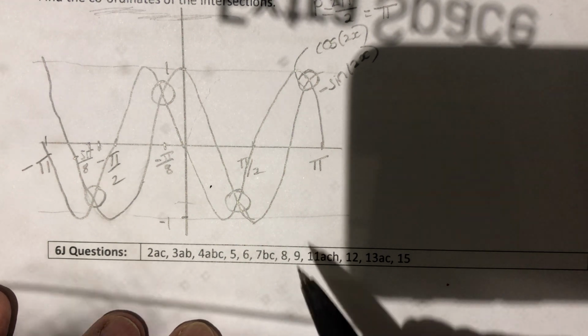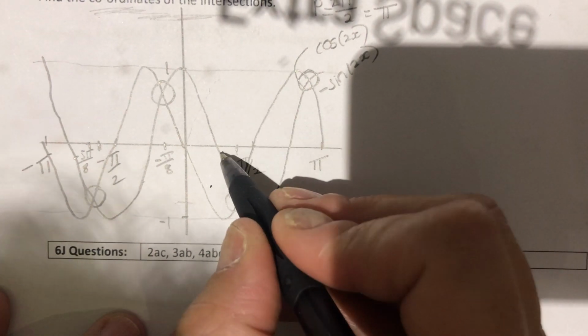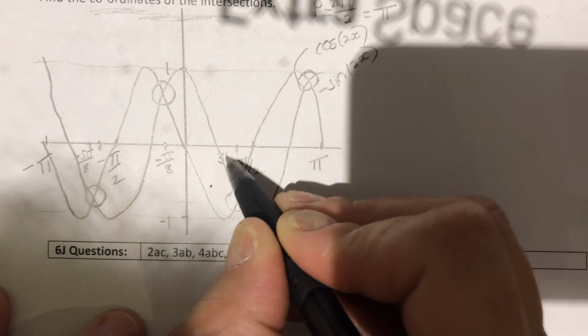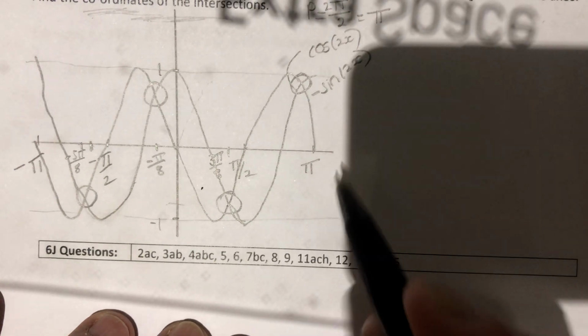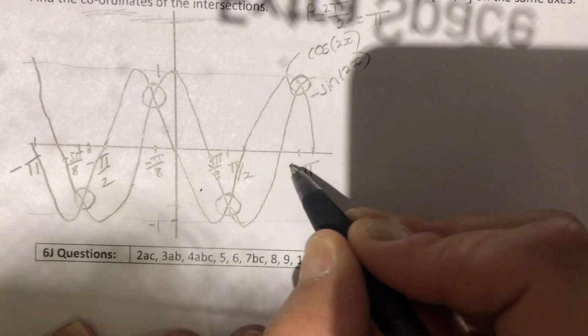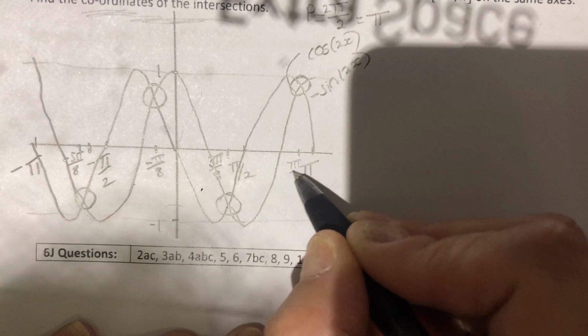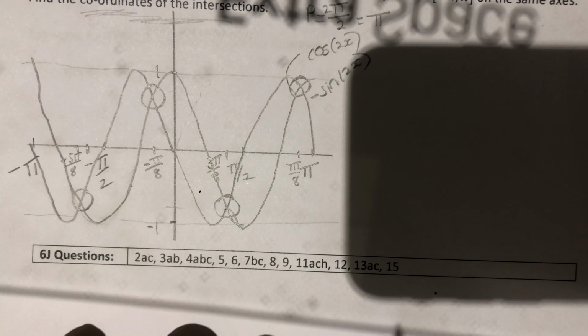The next one we've got is 3 pi on 8, which looks very reasonable as to our next intersection. And then our last one over here, we think could be 7 pi on 8. And that looks good too. Excellent. All right, so we've got our x values.